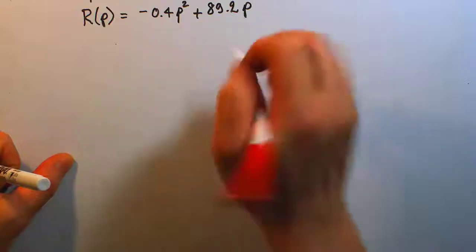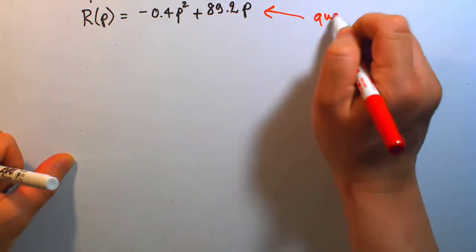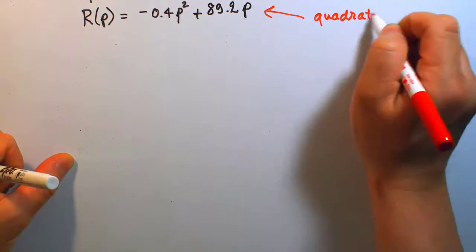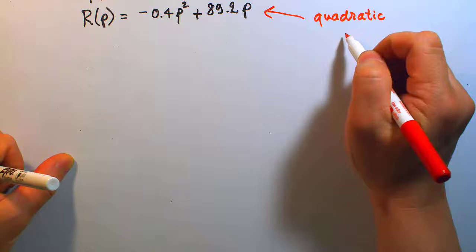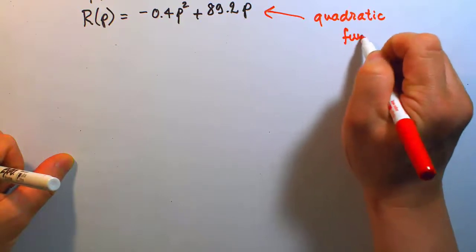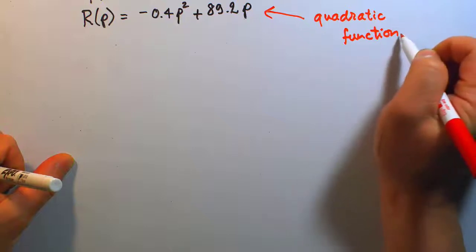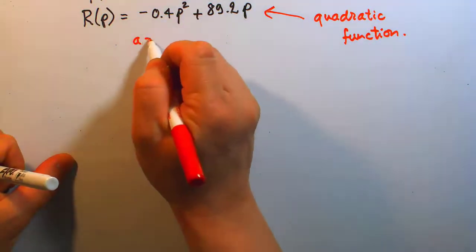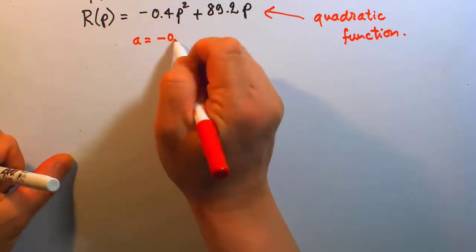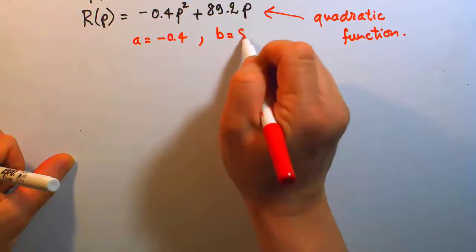But what we have here is a quadratic. The more examples I show you, the more you can see that quadratic functions have a tremendous amount of applications out there in business work. So this is a quadratic function. The quadratic coefficient is negative 0.4, and the linear coefficient is 89.2.